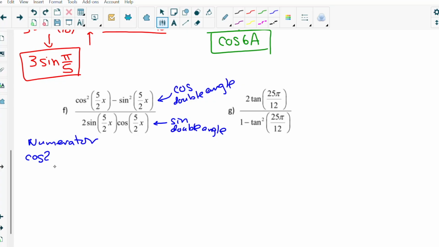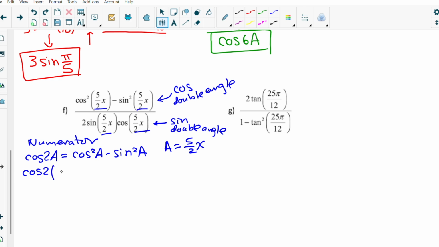Here's my double angle identity in general form. Cosine of 2a equals cosine squared of a minus sine squared of a. If I put in a equals 5/2 x, because I see that all over here, every single argument.